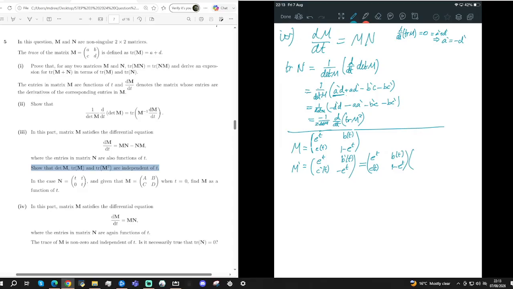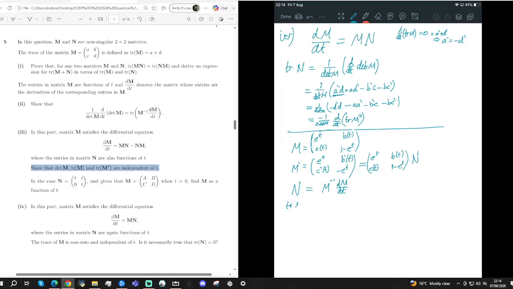And, well, actually, all I need to do is pick this. So let's say this is n. Because now n is equal to m inverse dm by dt.